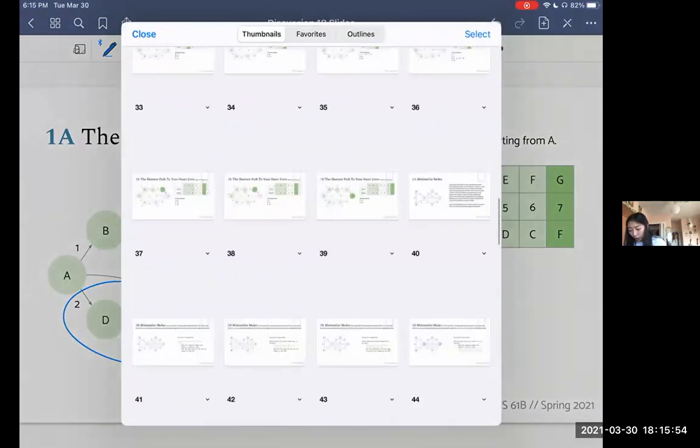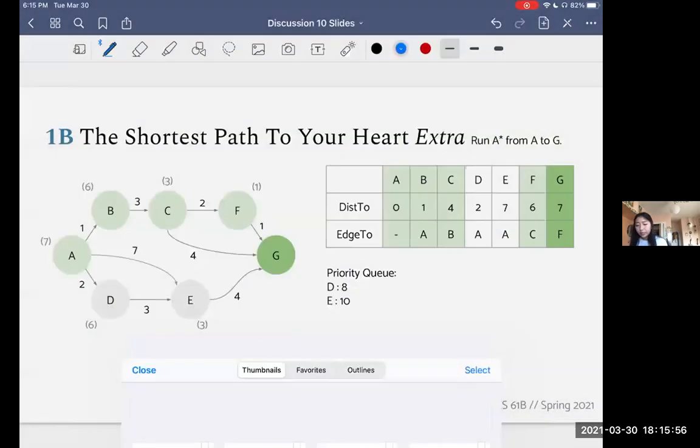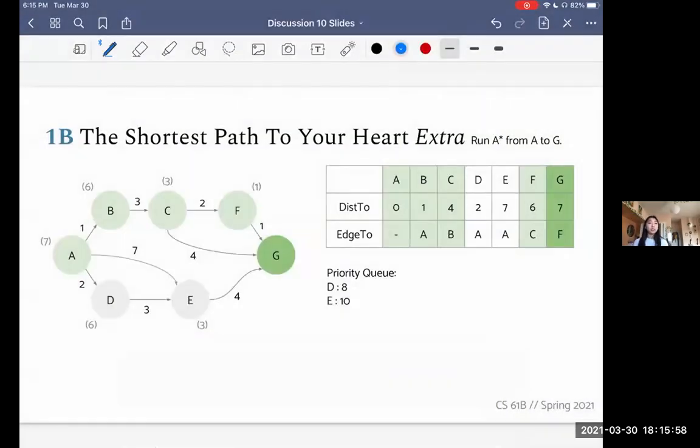Now though, in A*, we were really efficient because our heuristic told us, hey, don't bother looking at D or E. Even if you traverse these edges, they're still pretty far away from our goal. Like, don't bother, right? And so that is the awesome thing about A*.